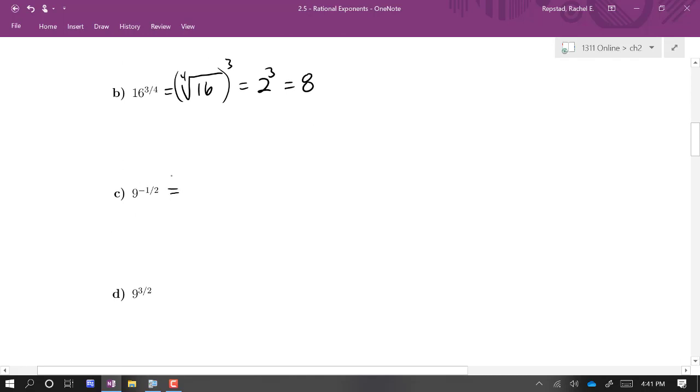I'm going to take care of that negative sign first, so I know this means 1 over 9 to the 1/2 power. So this is 1 over the square root of 9, and that gives us 1/3. 9 to the 3/2 power. That's the square root of 9, all cubed. The square root of 9 is 3, and 3 cubed is 27.